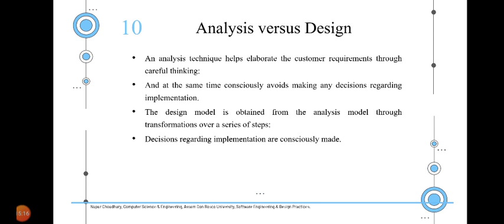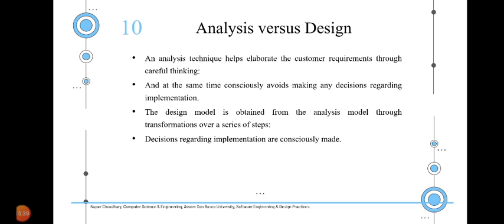Now when we are talking about analysis, what is the difference between analysis and design? Though both the words have almost a correlated meaning, they also vary from each other with a huge difference.